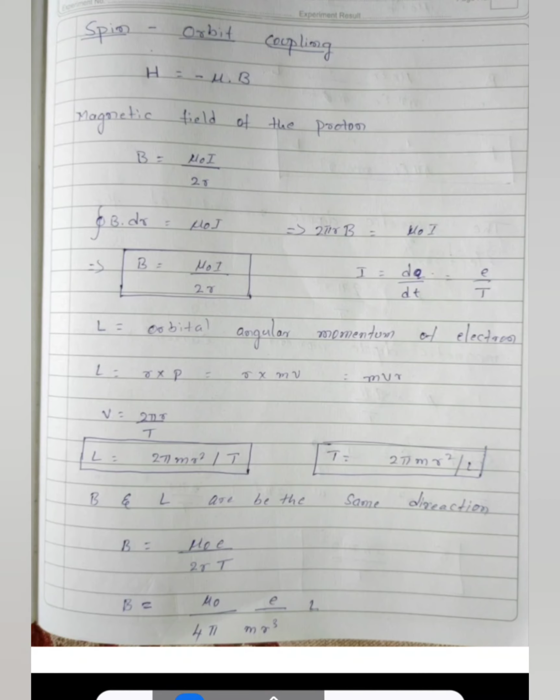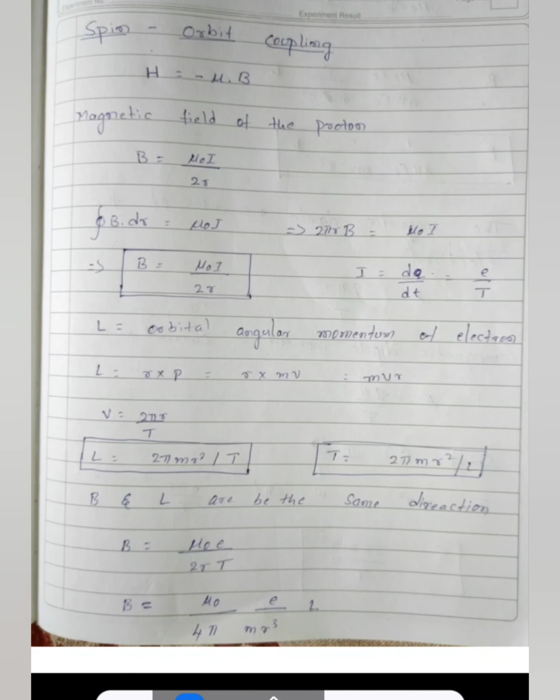V is the velocity of the particle, and v is equal to 2 pi r by T. Velocity is distance divided by time. The distance of the proton or electron is the total circumference of the circular path, 2 pi r, divided by the period capital T, which is the velocity.